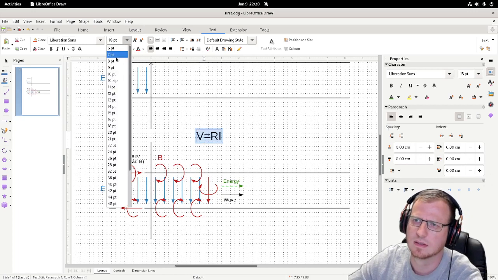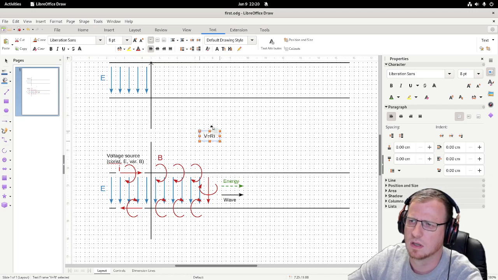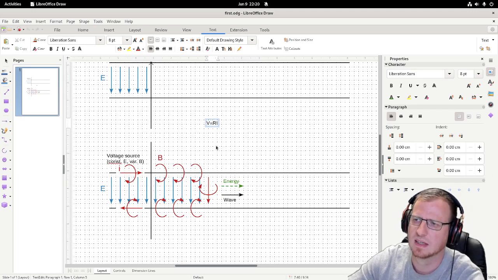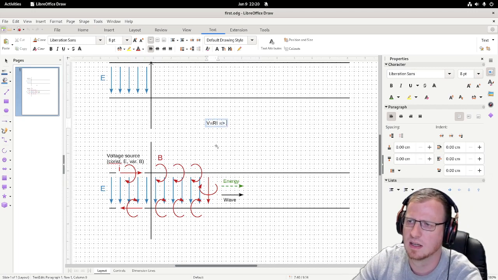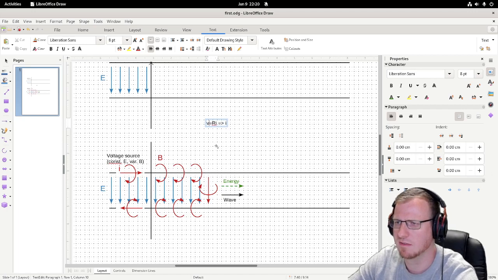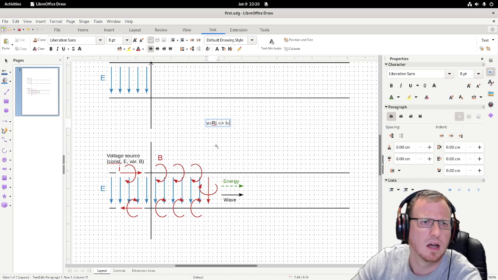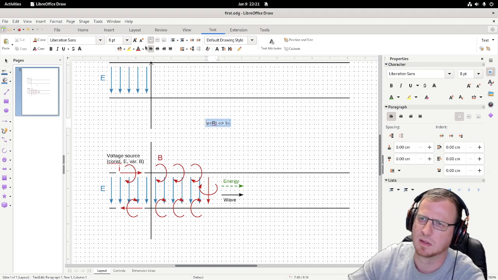And that means R is V, no, I. I make here an I, and I make here a V, a small V. I make it a little bit bigger this time.